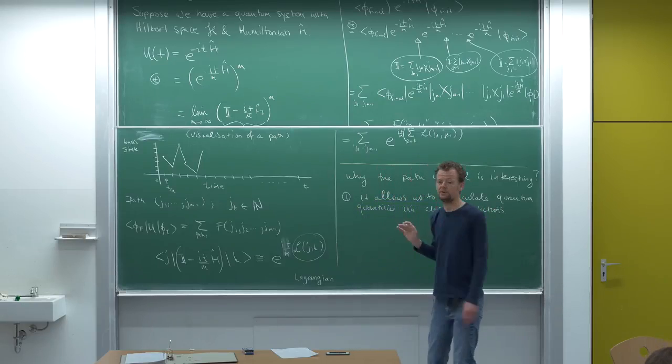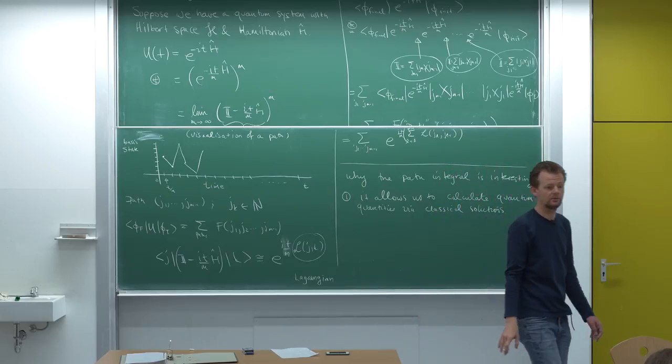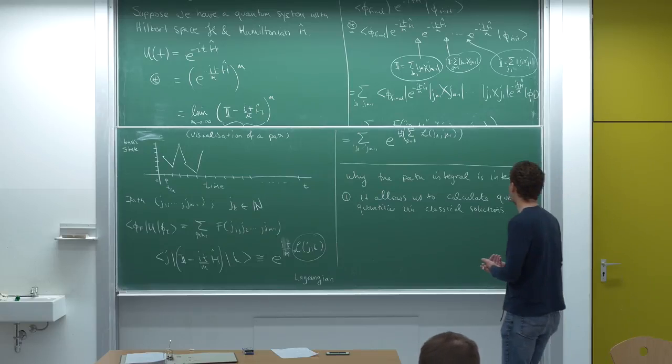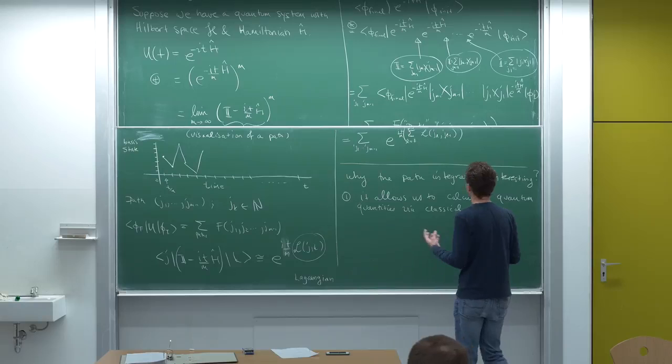So something that was extremely attractive when the path integral was developed was this realization that the path integral allows you to calculate quantum quantities in terms of solutions to a classical dynamical system. So this may not be as powerful a statement today as it used to be, because we understand quantum mechanics much better.